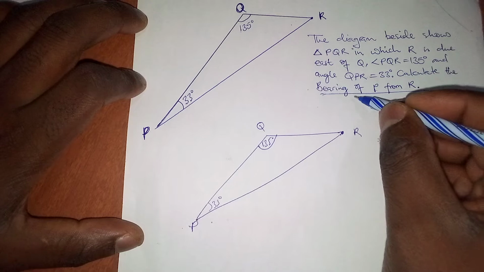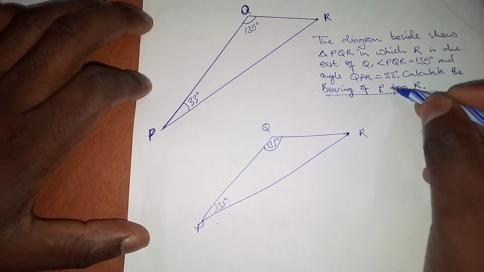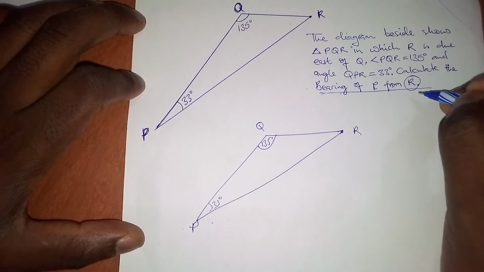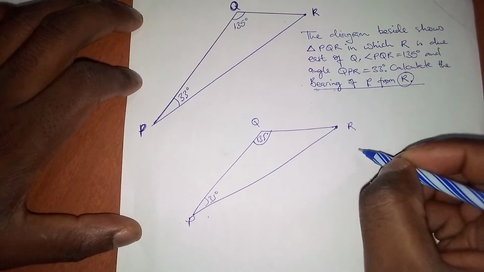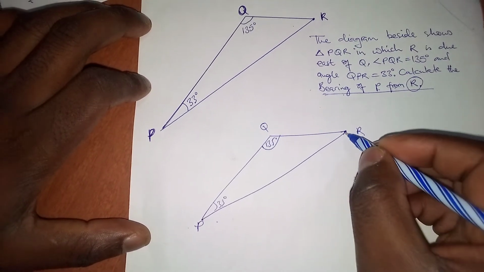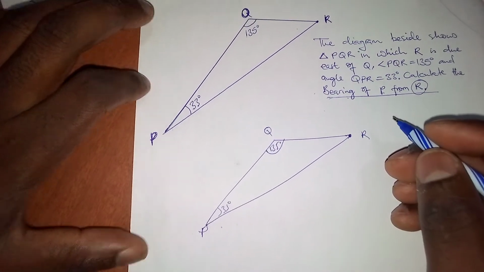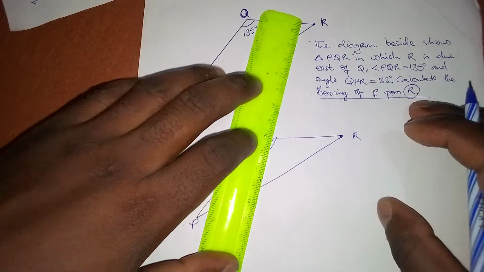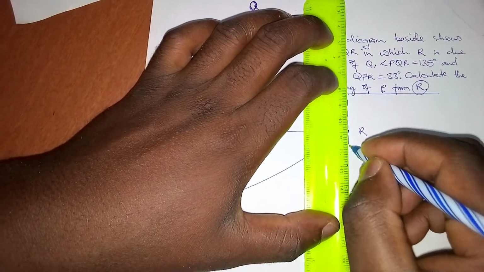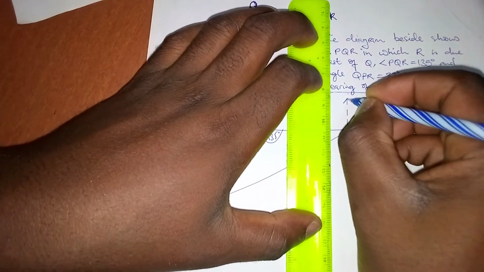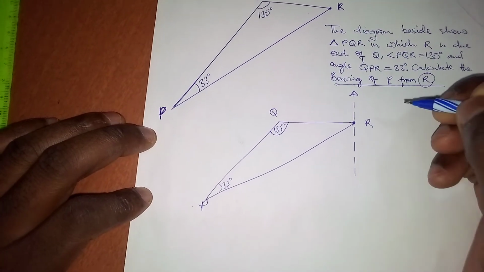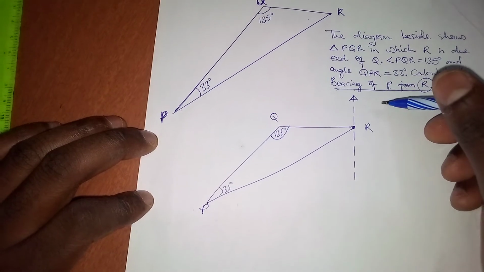The question is saying, calculate the bearing of P from R. We always focus on where we are coming from, meaning that we go to point R because it says from R. So we go to point R and we construct an imaginary North line on that particular point. The bearing is simply an angle.